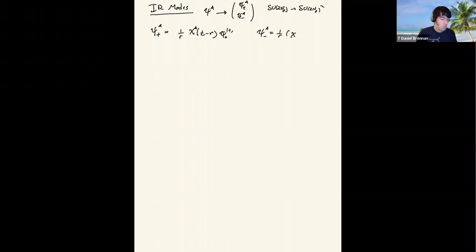Here psi 0 plus and minus are the 4-dimensional spinors. It's a constant spinor. The point is that this is polarized along the r direction.